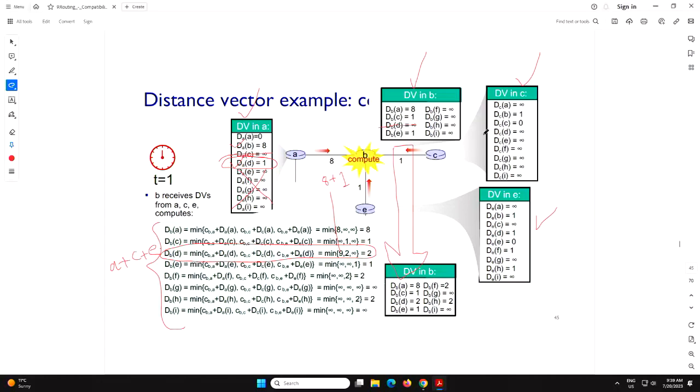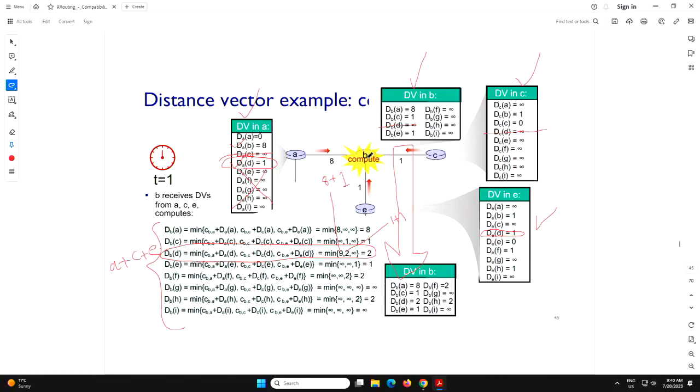No, it doesn't have anything with D. So there is no information coming about D. But from E, it has some information about D, right? Okay, so E is also telling B that I can go to D with a cost of 1, and B has a cost of 1 to go to E, so 1 plus 1 is equal to 2.